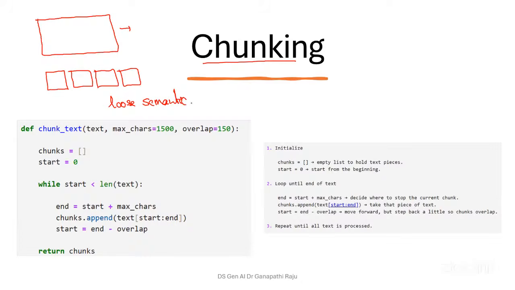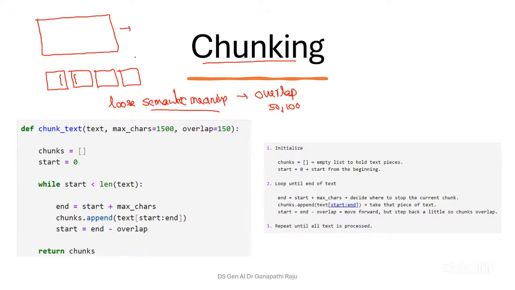Sometimes some text will be in chunk 1 and some in chunk 2, so we would lose semantic meaning between the texts. So we should use a concept called overlap. Sometimes they use 50 characters overlap or 100 characters overlap.